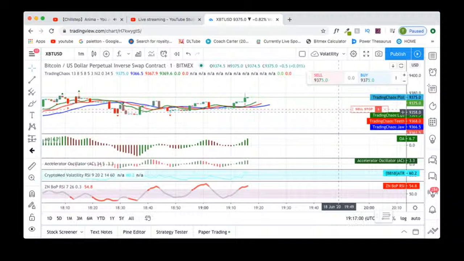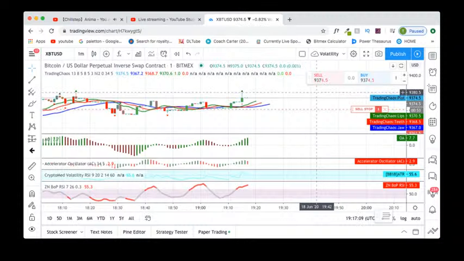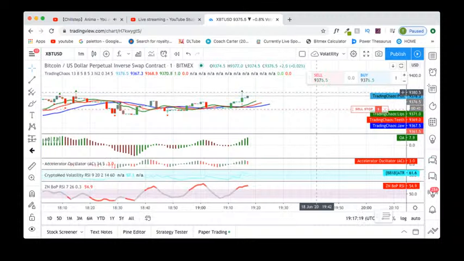If I was trading BitMEX 50x, it's about 2%. 2% profits on a $10,000 account is about $200, so it's not a bad trade.